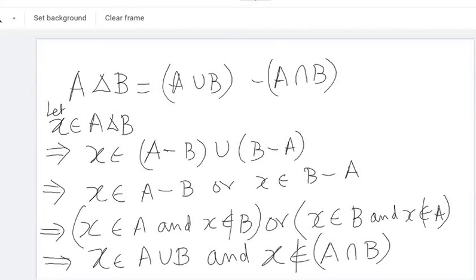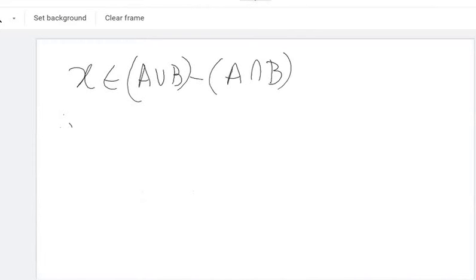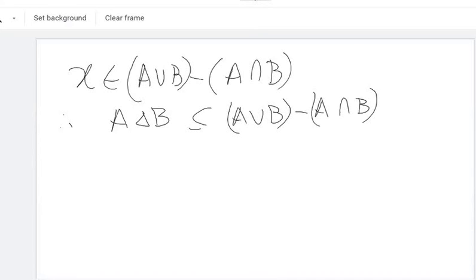So X belongs to A union B, but X does not belong to A intersection B. That gives us X belongs to A union B minus A intersection B. So what we have shown is that A delta B is a subset of A union B minus A intersection B. So let's go the other way.